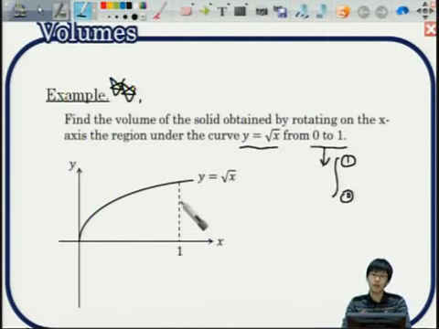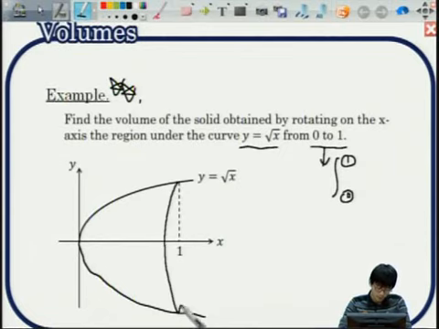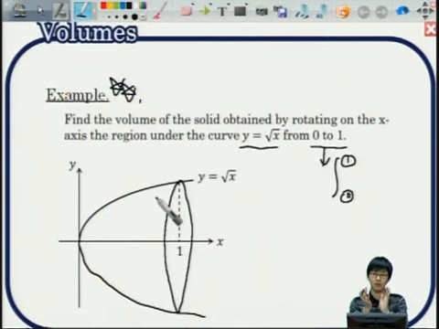And then if we rotate it about the x-axis, where will this line go? It'll go further to here, and it'll rotate like this. I am a bad drawer, but I'm going to make you understand. Can you see this? Like a cup will come out if you rotate this on the x-axis, right?